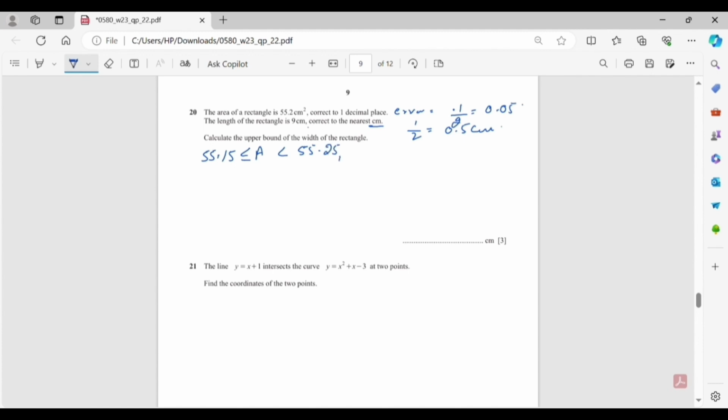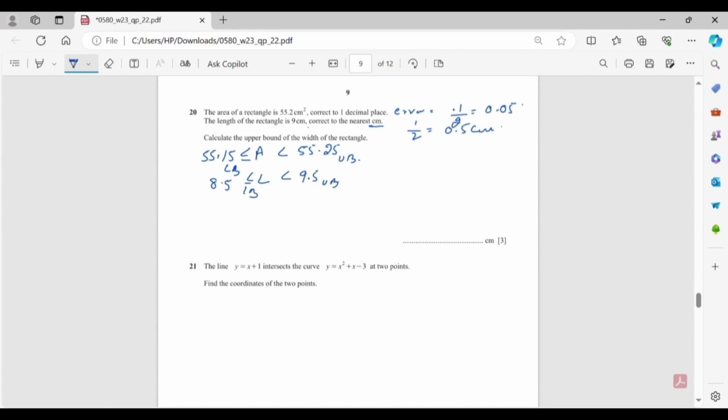This will be the upper bound, this will be the lower bound. Same way, length will be greater than or equal to 8.5 and less than 9.5. So this will be the upper bound and this will be the lower bound.